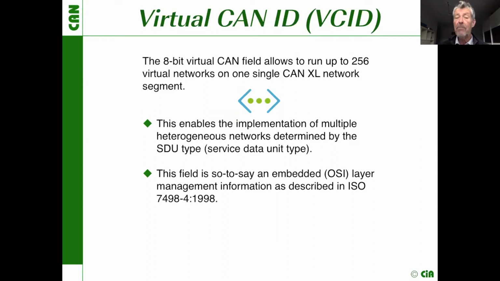This enables the implementation of multiple heterogeneous networks determined by the SDU type. This field is, so to say, an embedded layer information as described in ISO 7498-4 from 1998. So this is an old framework already, but still valid and suitable to be used.